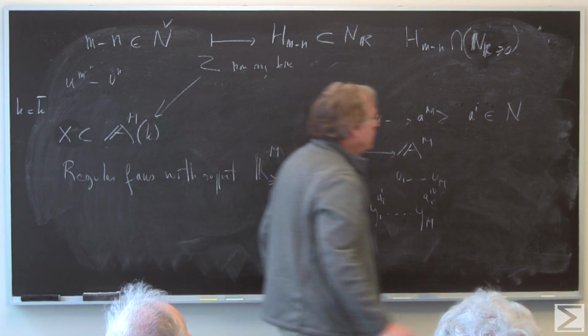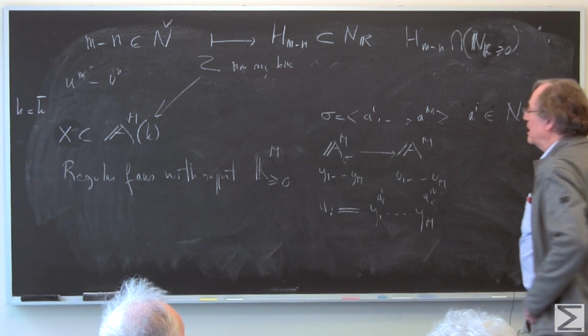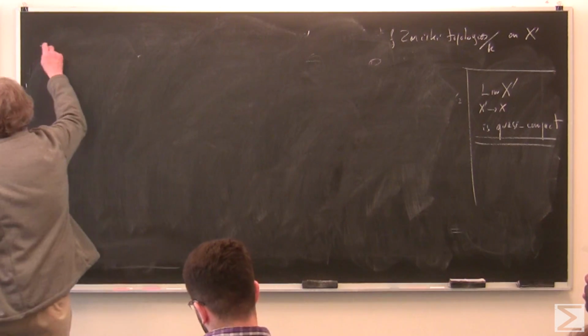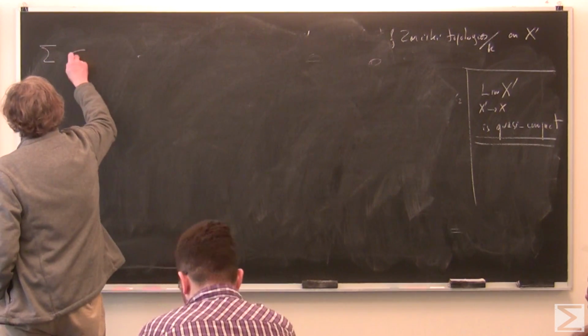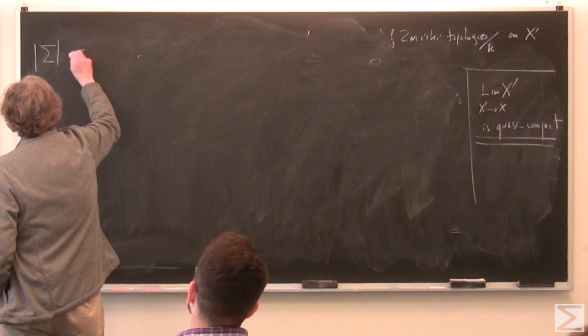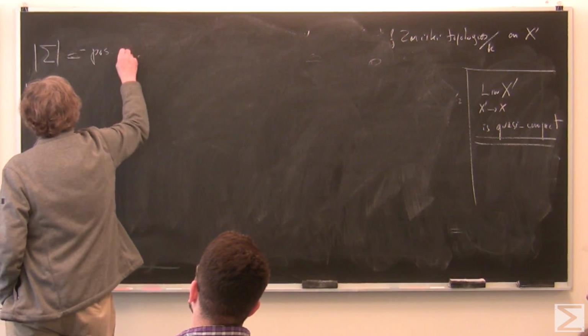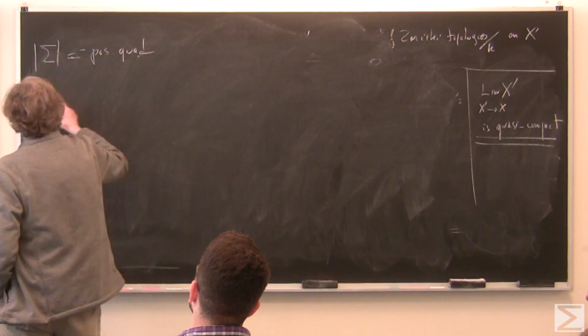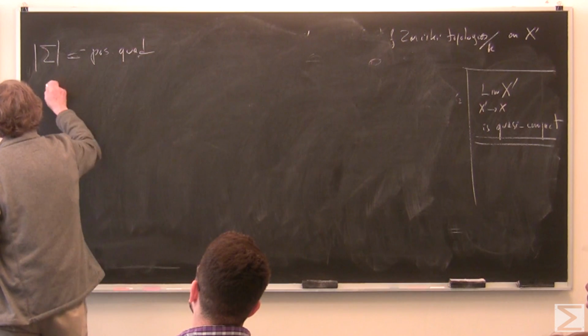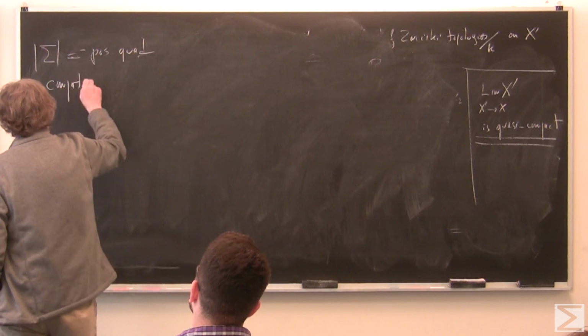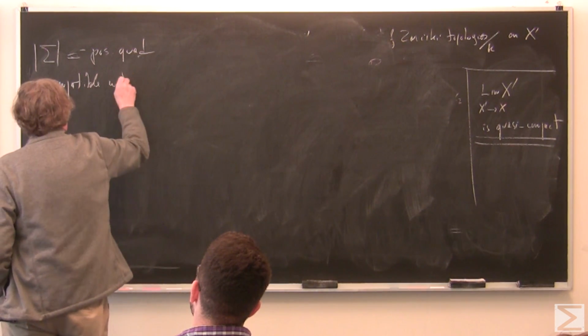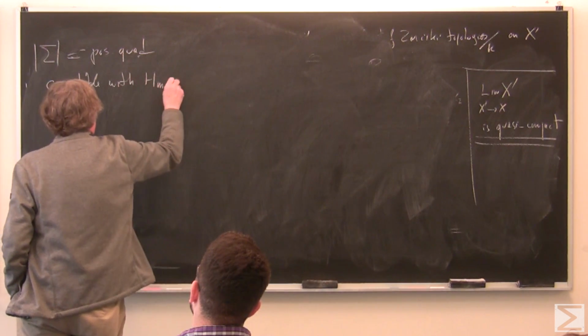Okay, you see the picture? Now, I take a fan sigma with support the positive quadrant, which is compatible with the hyperplane. What does it mean?